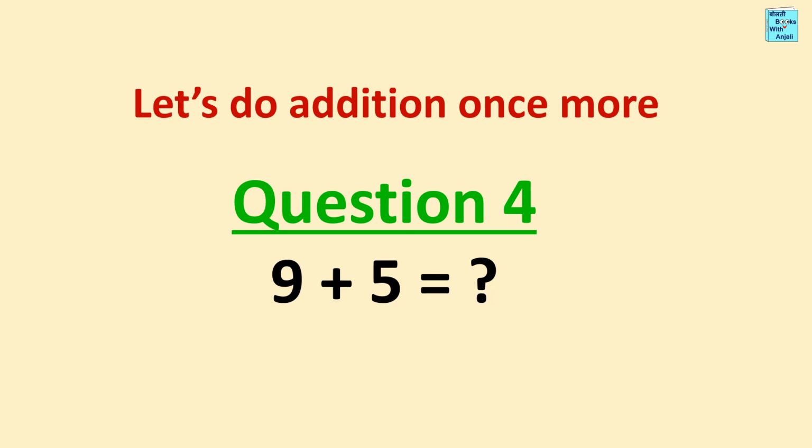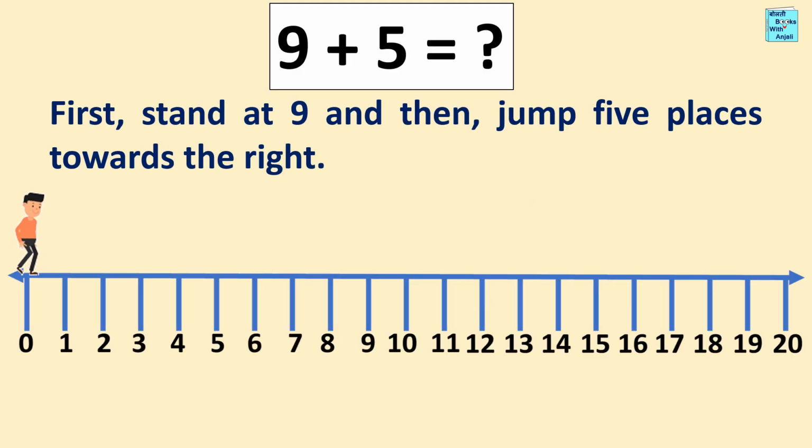Next question. 9 plus 5 is equal to what? The person will stand at number 9 and will jump 5 places towards the right hand side.